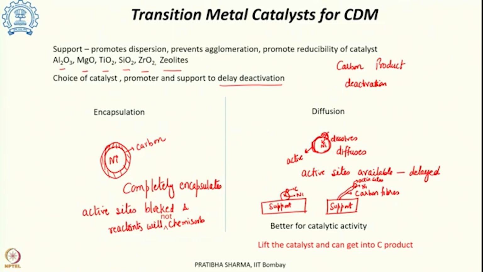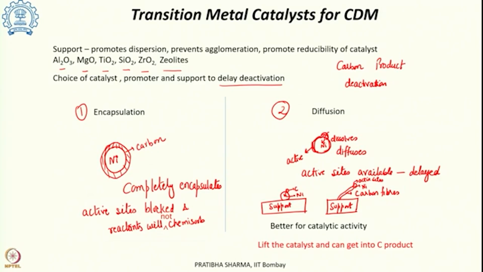So, compared to the two different deactivation methods, which are encapsulation and diffusion, in the second method the carbon diffuses inside the nickel and lifts it up from the support, forming different carbon structures like carbon fibers. The catalyst still has certain active sites present on the surface which can still allow the decomposition reaction to take place.